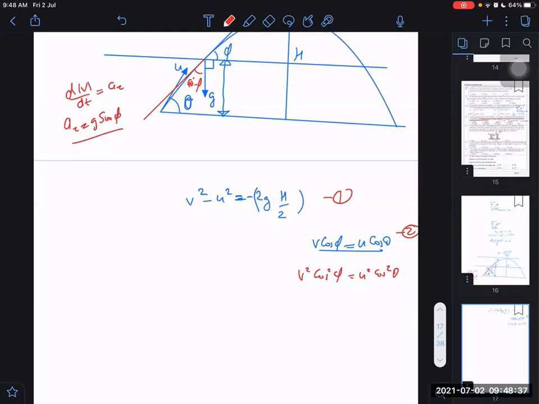Subtract 2 from 1 so that we get v square sin square phi minus u square into 1 minus cos square theta is equal to minus 2g h by 2, or I can say just minus gh.